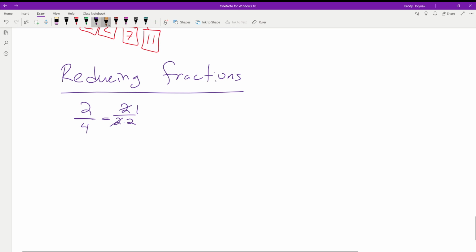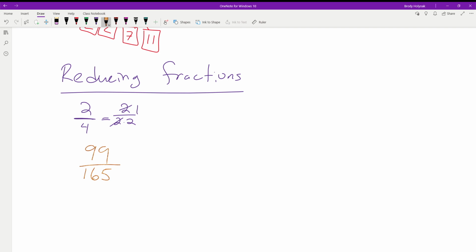So for more difficulty, 99/165. What's that going to reduce down to? Again, we can start breaking it up into its prime factors.